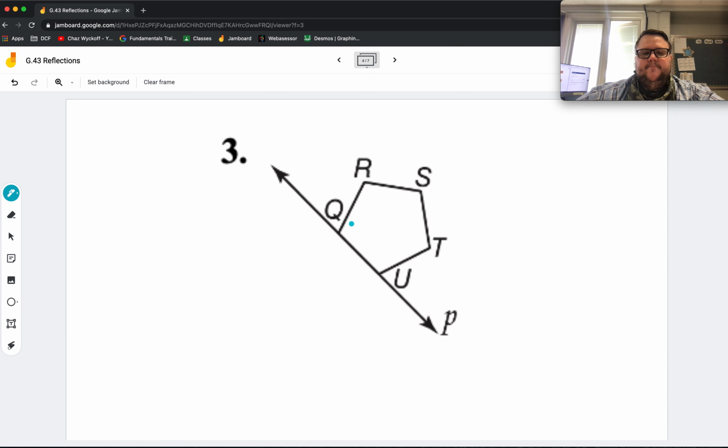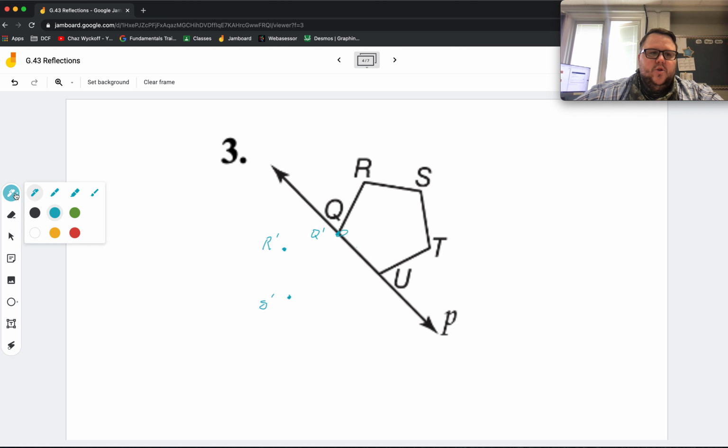So that's all you guys are doing. Let's look at this guy, QRSTU. So Q prime is right here. R, I draw my perpendicular, and I'm going to try my best to keep them at the right distance. So then R prime goes here. S, perpendicular here. Notice I'm not drawing the dotted lines anymore because now I'm just going off of what my visual sees. So if I look at it, S is here, so then S prime is right here.